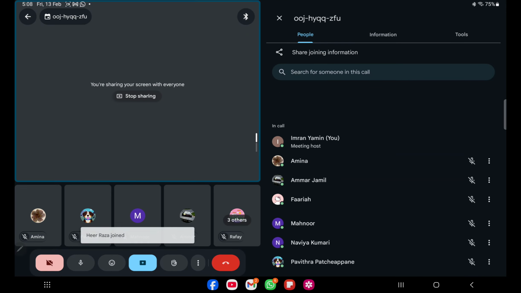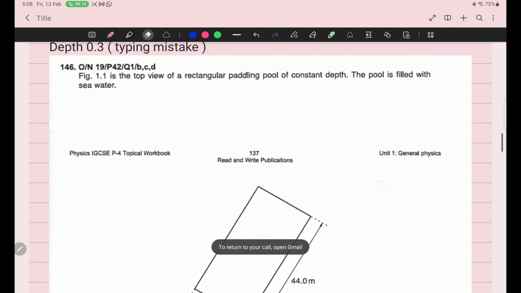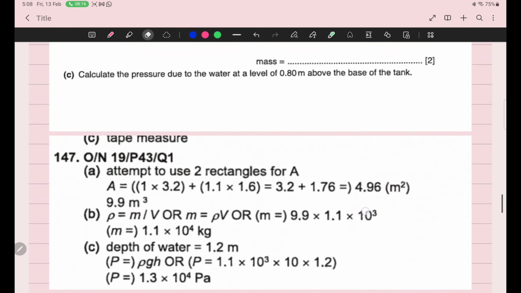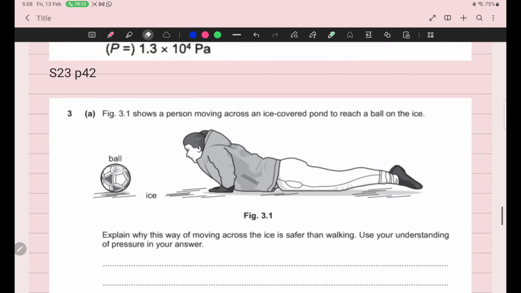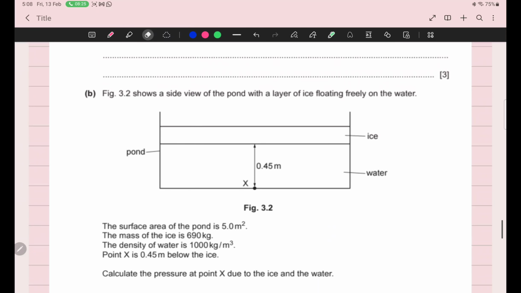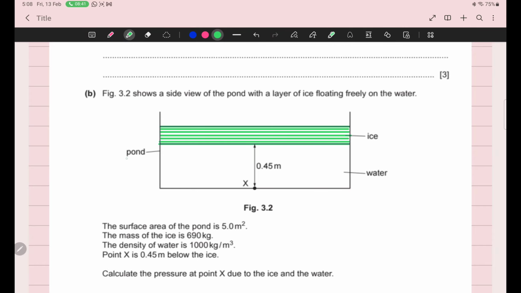And if we deal with an example from the past paper, then it will make the concept of pressure clear. So look at this example. Consider there is an ice layer, and beneath this ice layer there is a water reservoir.